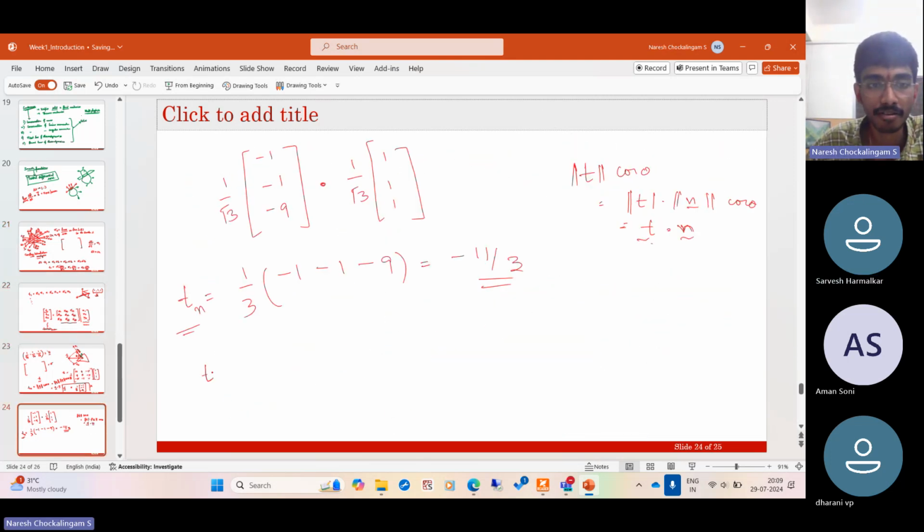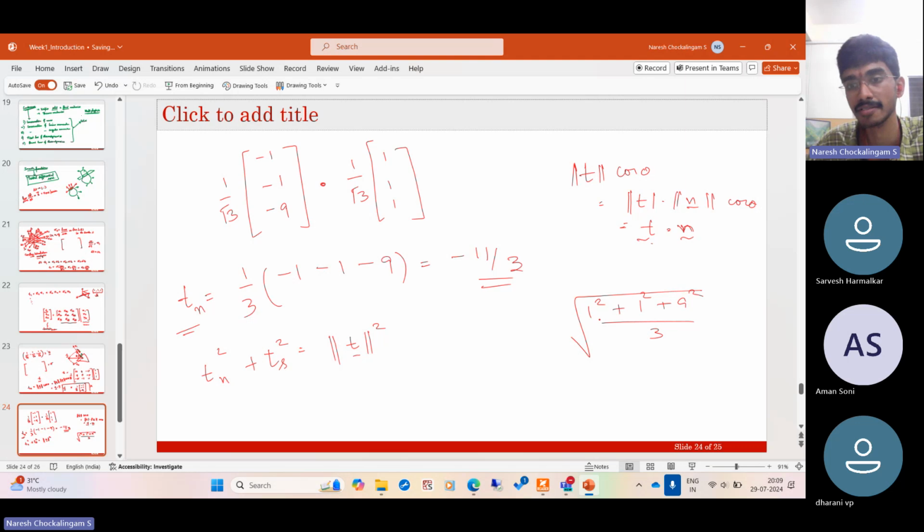And for the shear component, Tn square plus Ts square is equal to the magnitude squared, right? The magnitude is the square root of 1 square plus 1 square plus 9 square, divided by 3, whatever this is, and this is the right hand side. Tn is some minus 11 by 3, squared.